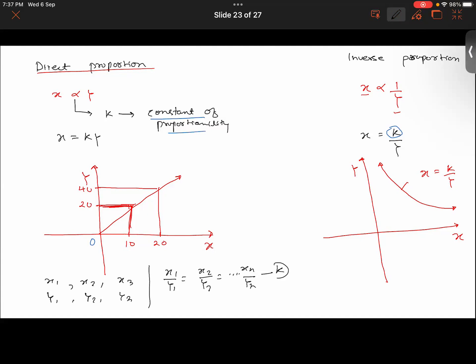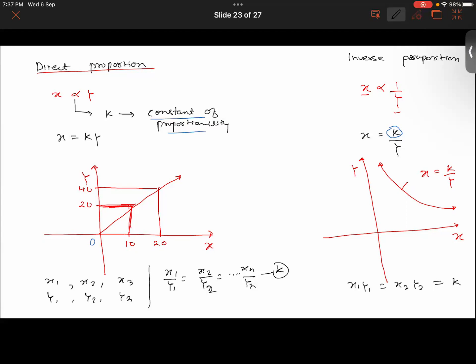That was giving you a constant value. And what about inverse proportion? What was the relation in that? x1 upon y2 equals x2 upon y1. Or you can say x1 y1 is equal to x2 y2. That was giving you a constant value here.